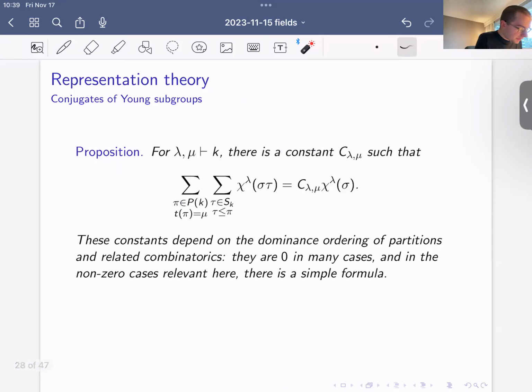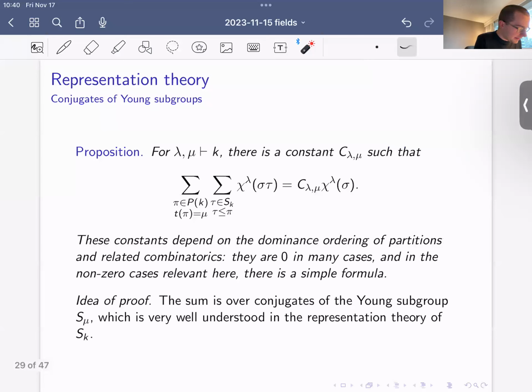And these constants are easy enough to describe. They depend on a certain ordering of the partitions of integers called the dominance ordering, and the combinatorics around this ordering. In many cases, these constants are zero, and in the non-zero cases that are relevant for this computation, there's a simple formula involving factorials and binomial coefficients. So this is actually quite easy. Well, maybe not easy, but it's possible to handle.